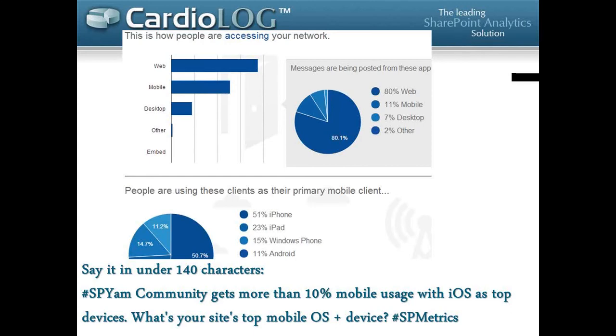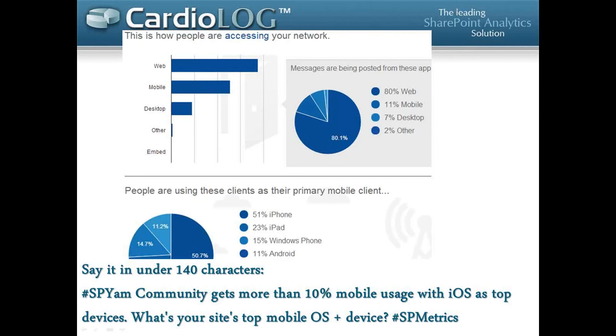When you start digging in a little bit, you can see this community that's put together on Yammer is kind of an opt-in, people kind of self-register, which is a really good cross-cut of the SharePoint community. Here you can actually see how people are accessing this network in terms of a web interface, through mobile devices, through desktop, and you can see 80% is through the web, 11% through mobile, and 7% desktop, which means there's a desktop application.